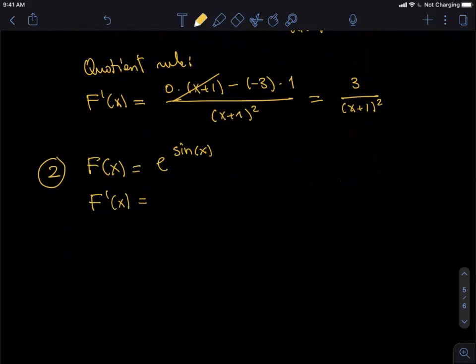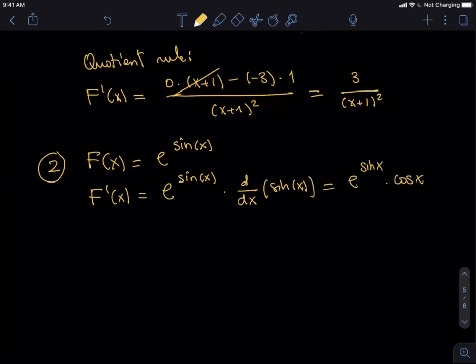So we take the derivative of the outside function, which is the exponential. So the derivative is itself evaluated in g of x times the derivative of whatever was inside. So this is the exponential of sine of x times the cosine of x.